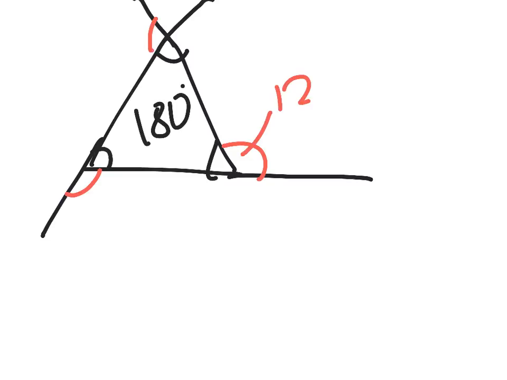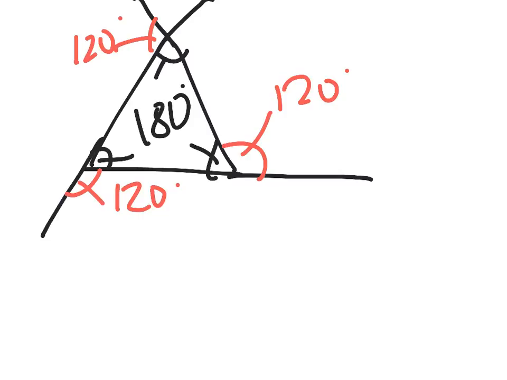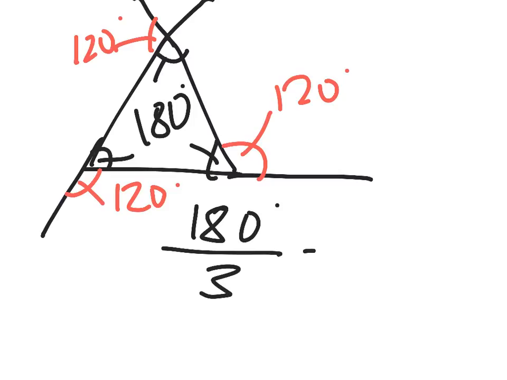So these are all 120 degrees. A simple way of finding the individual degree of the interior angles is to put 180 divided by 3, because there are only 3 angles, which would be 60 degrees.